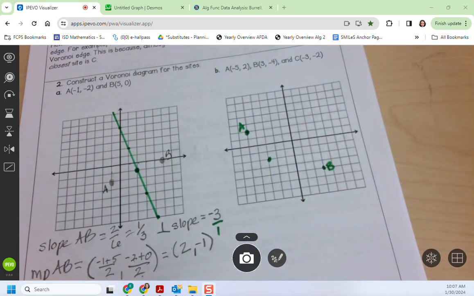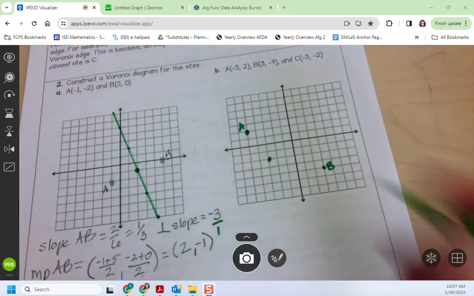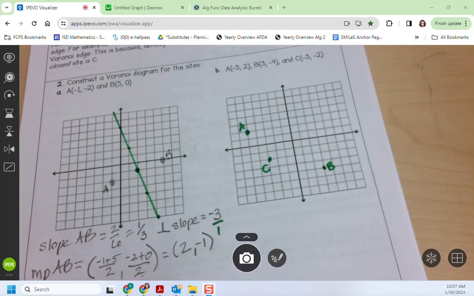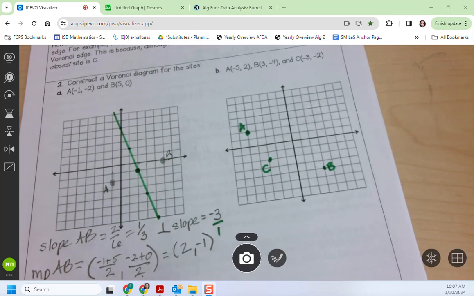That's about right? Okay, so we have a bit of work ahead of us. Actually, I don't think I want to start with AB because they're so far apart. I'm going to start with AC.